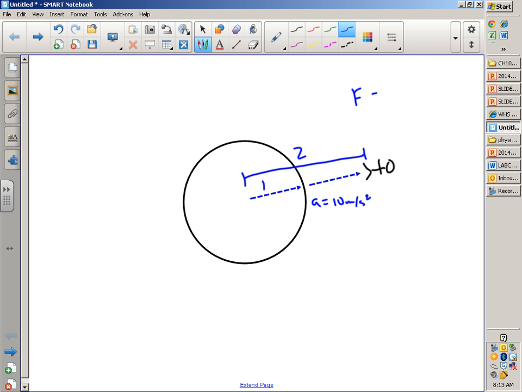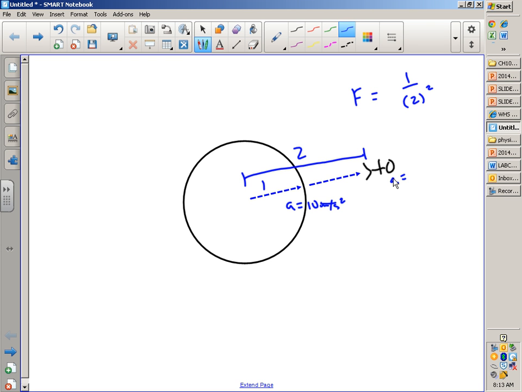When we plug that in, we end up with what fraction now? 0.25, or 1/4 as much. So if the acceleration on the surface is 10 meters per second squared, when you get up here, what's the acceleration going to be now? 2.5.